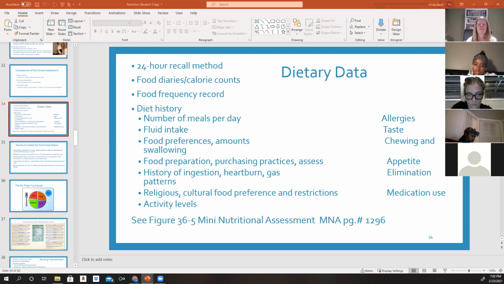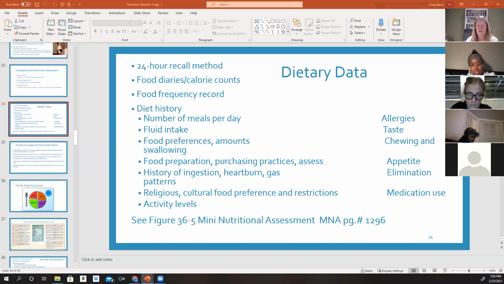How is their food normally prepared? Do they fry their food? Do they bake it? Do they broil it? That gives you some ideas about what their eating lifestyle is like. We want to know any medical, social, or economic factors, as well as those cultural influences and psychological influences.